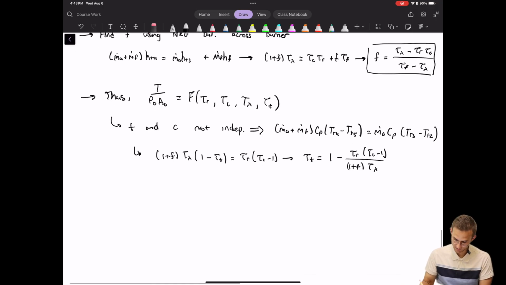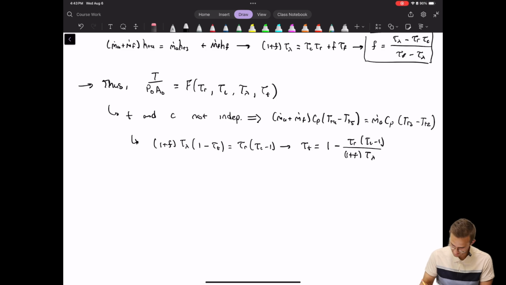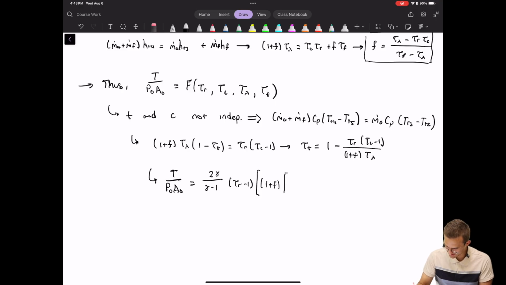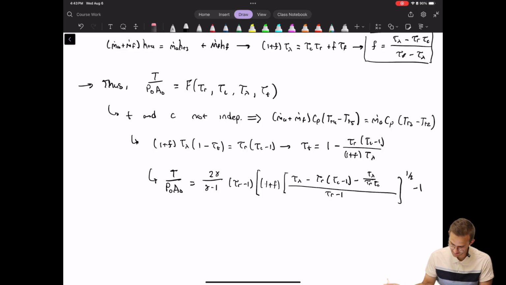Okay, and so we can actually sub that back in, and I'll go ahead and do it to get a final consistent expression here for T over P naught A naught, which is 2 gamma over gamma minus 1 times tau R minus 1 times the quantity 1 plus F times tau lambda minus tau R times tau C minus 1 minus tau lambda divided by tau R tau C, all over tau R minus 1, that whole thing raised to the 1/2, minus 1, close bracket.